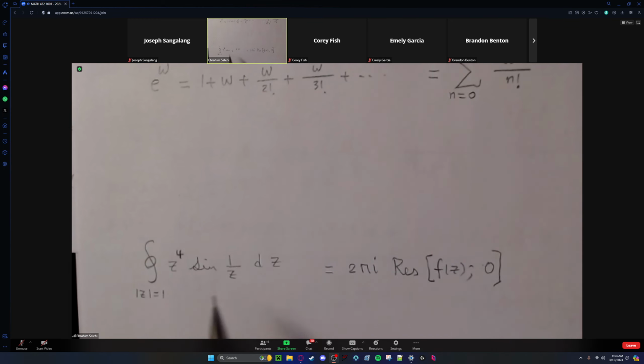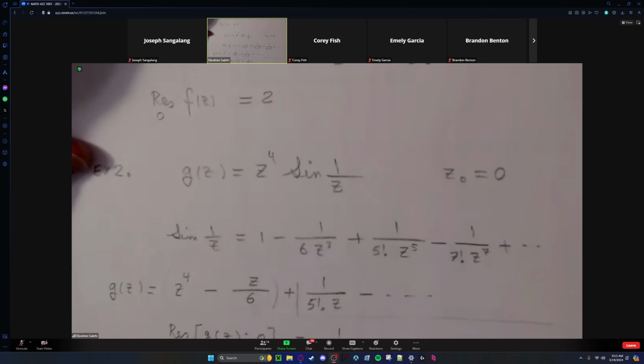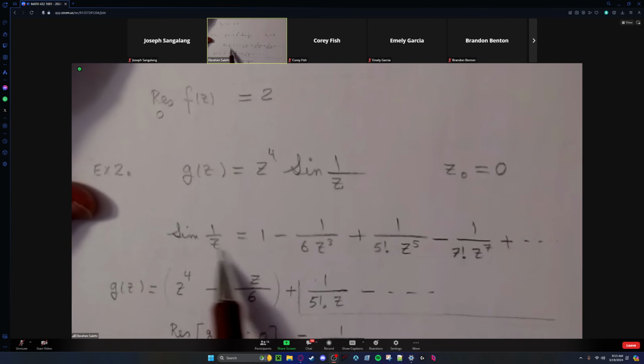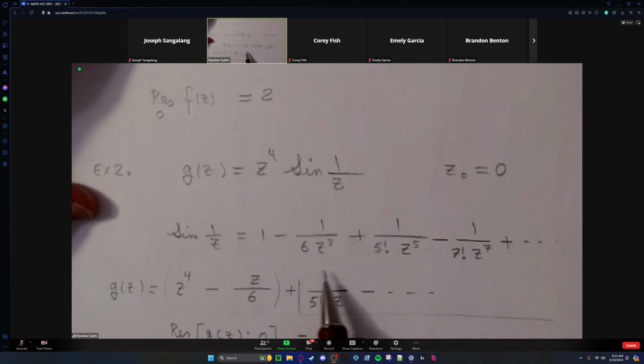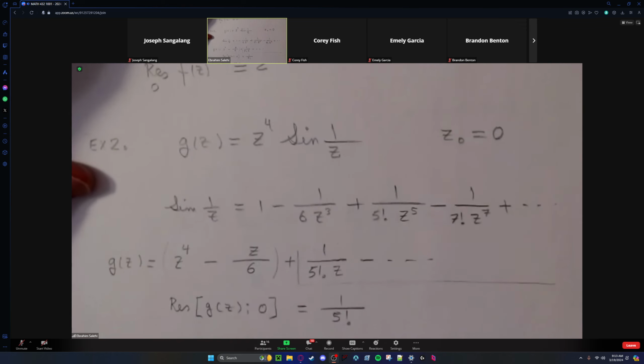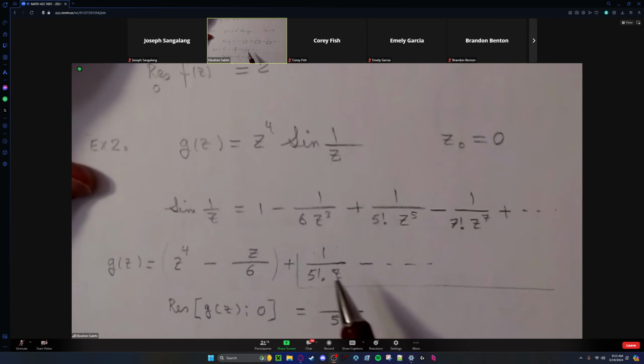We already found, based on this Laurent series, that the residue is 1 over 5 factorial, the coefficient of 1 over z.